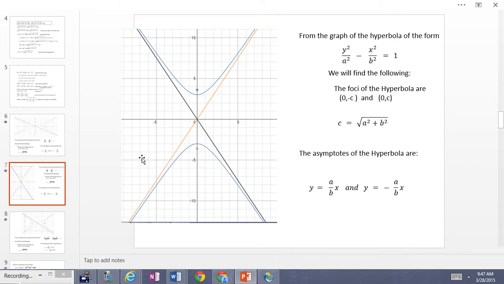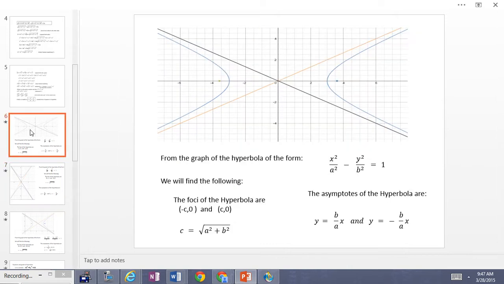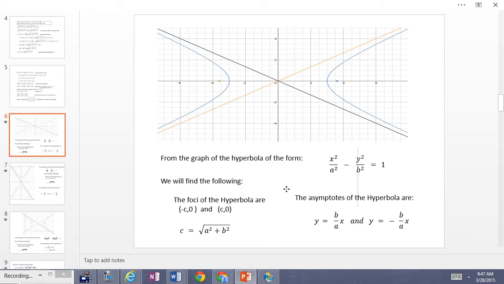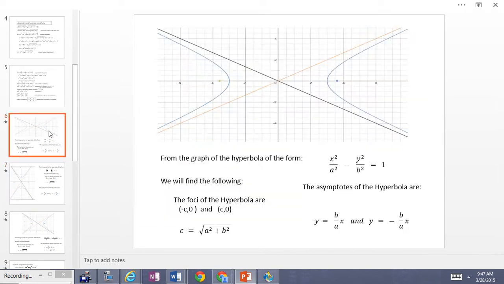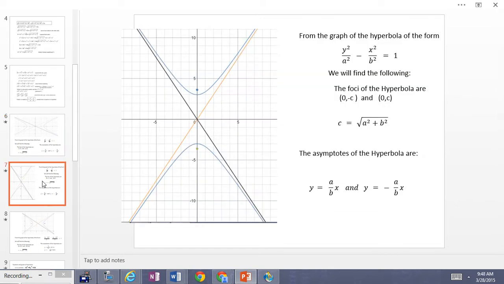Now, unlike the ellipses, there's no mandate that the a term be larger than the b term. Obviously the distinction here is that one set opens up left and right, effectively symmetric about the x-axis. The other set opens up and down and is symmetric across the y-axis.